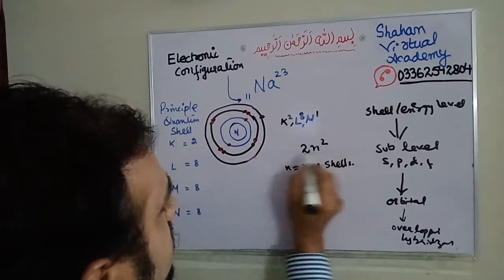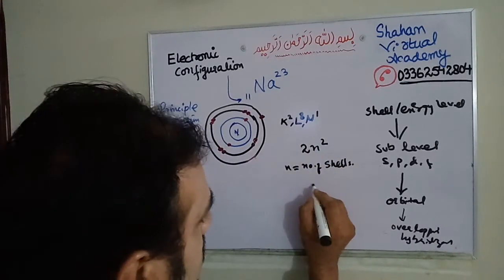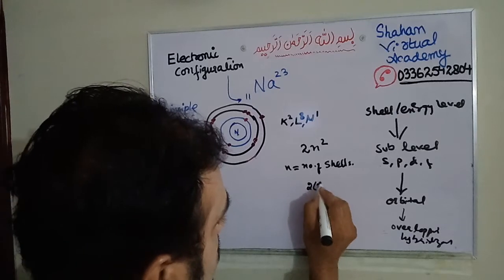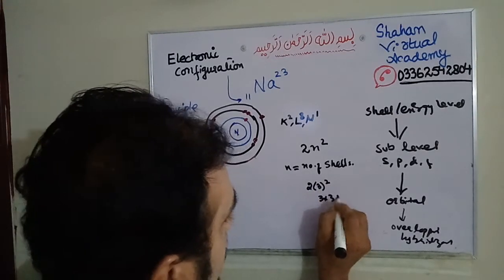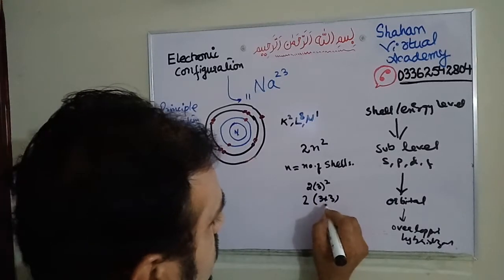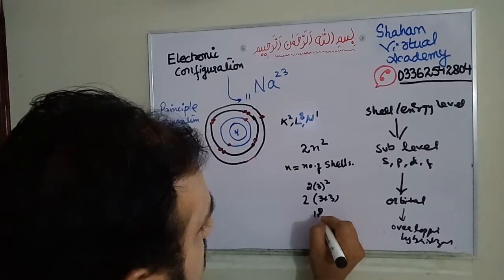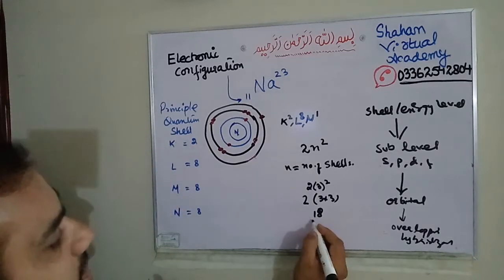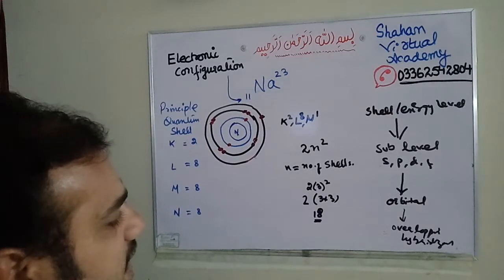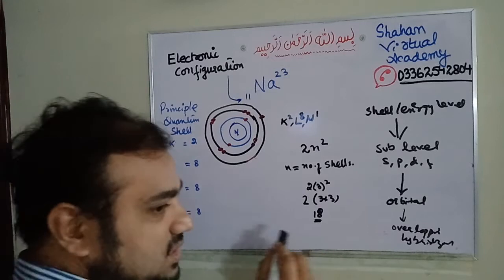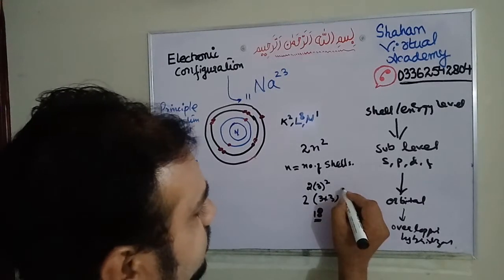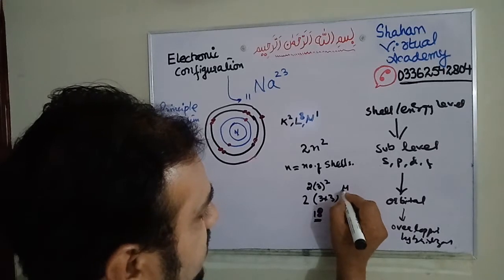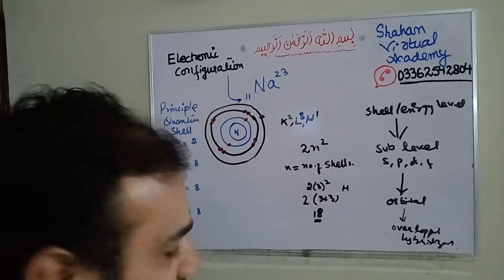So for n equals 3, 3 squared is 9, multiplied by 2 gives 18. It means the M shell has an 18 electron capacity.